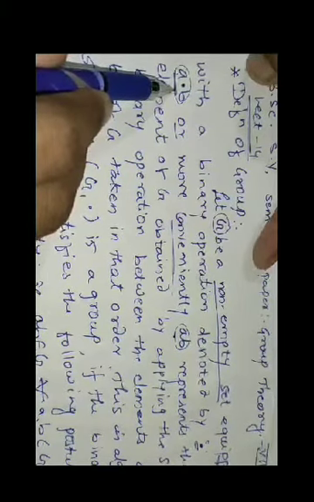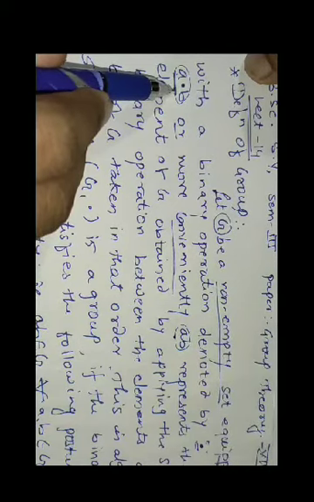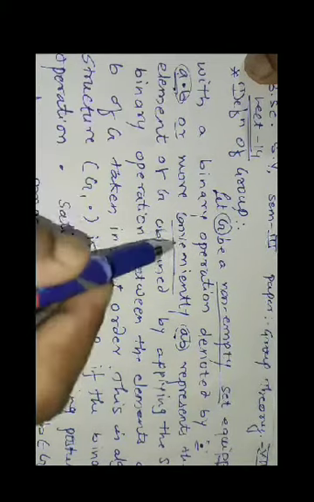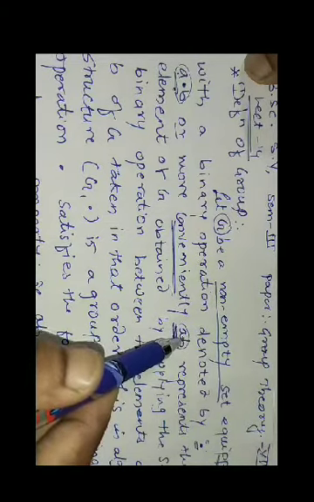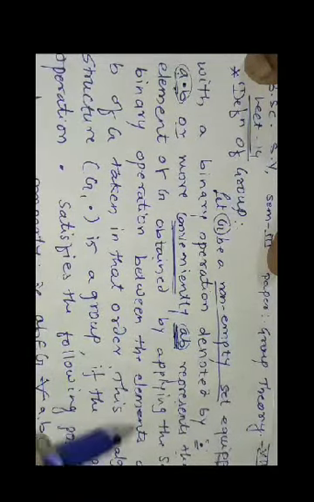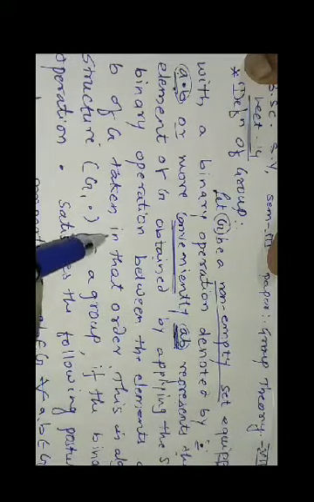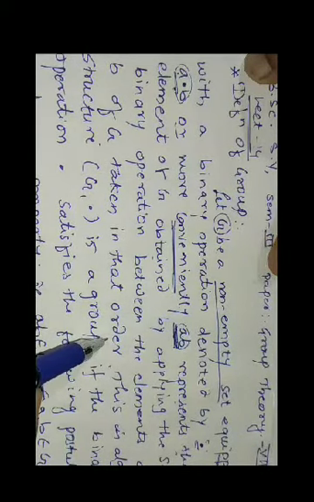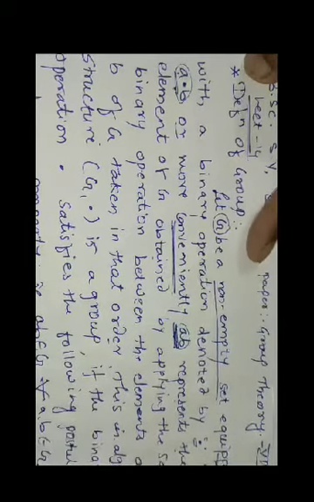So for our convention, we write just AB. AB means that there is a dot but no need to write it. It represents the element of G obtained by applying the said binary operation between the elements A and B of G taken in that order. So this is an algebraic structure.